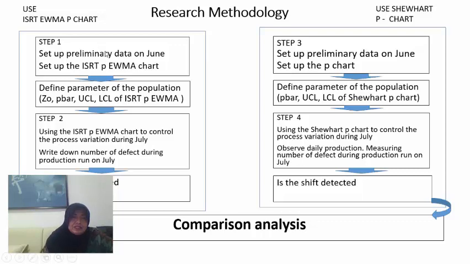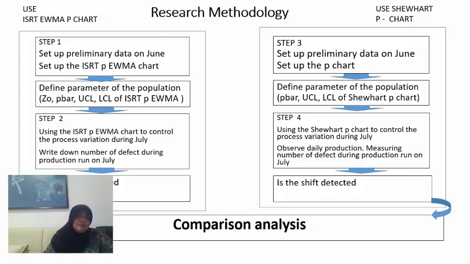Session 1 consists of 2 steps. In the first step, we set up preliminary data to define the parameters of the population. It is characterized by initial Z, P bar, upper control limit, and lower control limit of the proposed chart.